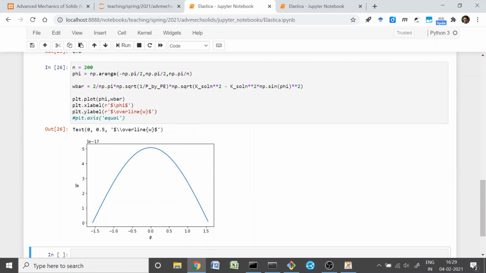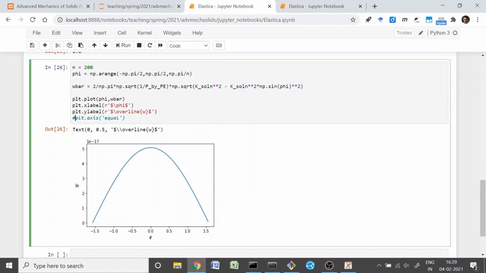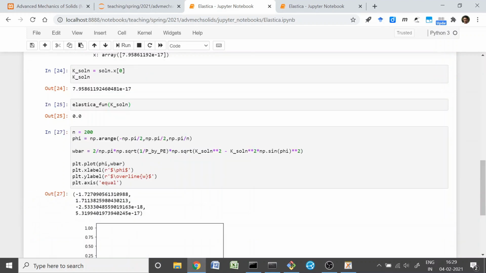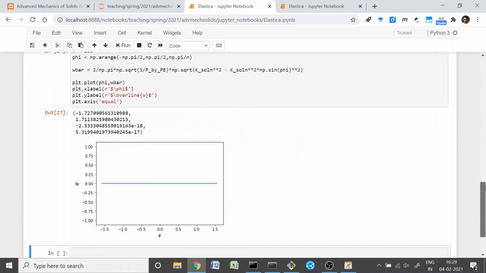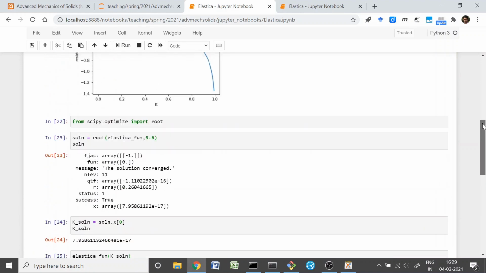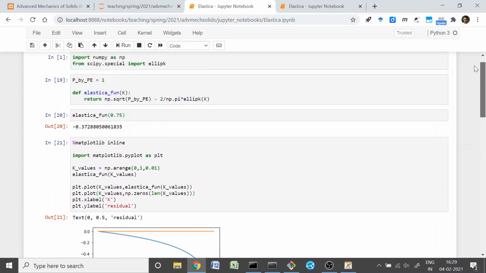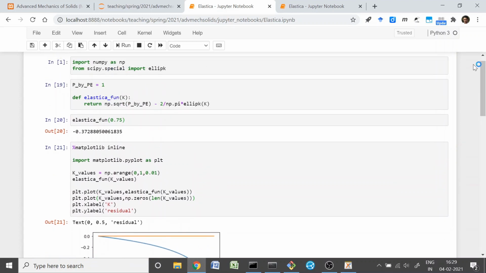If we had to uncomment this line and rerun this, this will look like a straight line. That's it. So even for a value of P by P Euler equal to 1, the more exact theory that we have found out involving this theta s coordinate system is telling us that there is barely any buckling here.